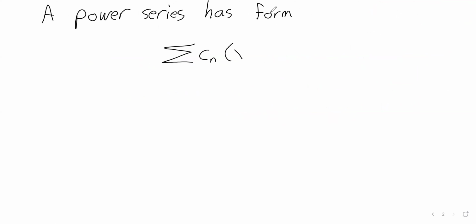A power series is a series of the form, the sum of C sub n times (x minus a) to the power of n, and we start at 0.